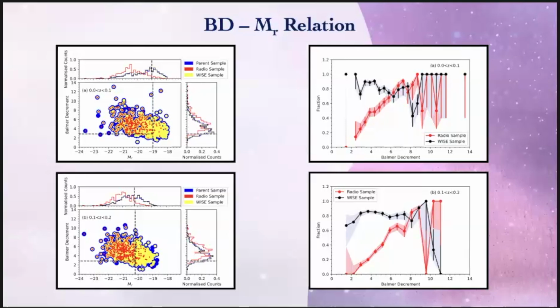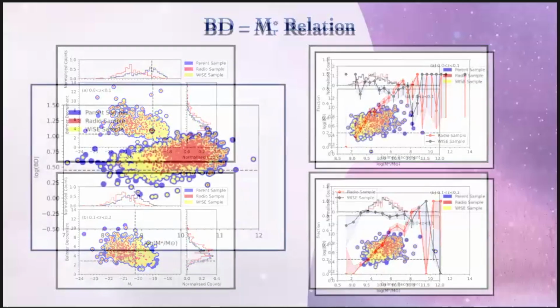And we've plotted the same distribution in terms of the fraction of radio and WISE compared to the optical parent sample, just to quantify the effect in a more visual way. And the WISE sample here seems to have a similar distribution of obscuration at a relatively constant fraction. But in the case of the radio ones, this seems to be quite different. And I'm not going to go into details on that for now.